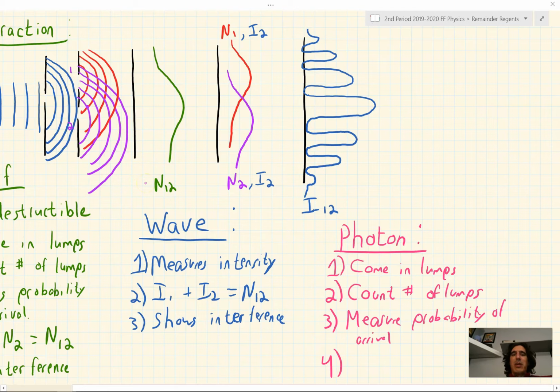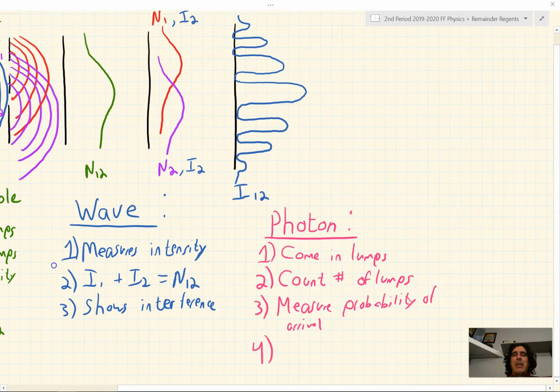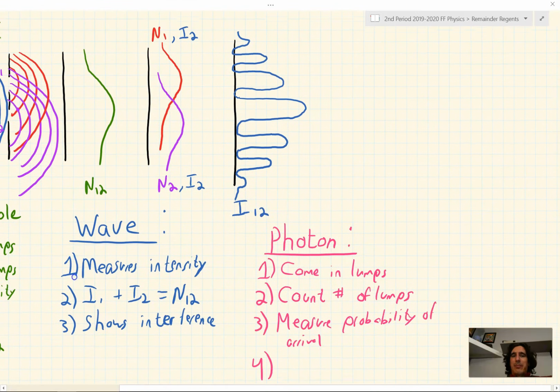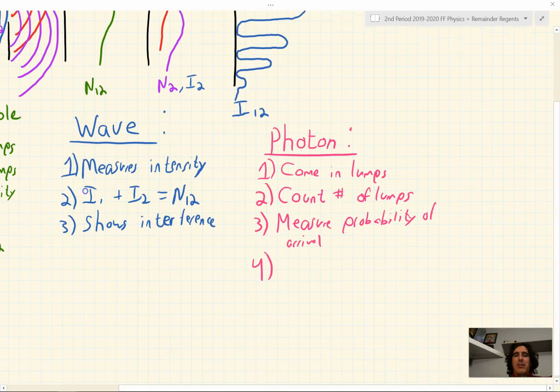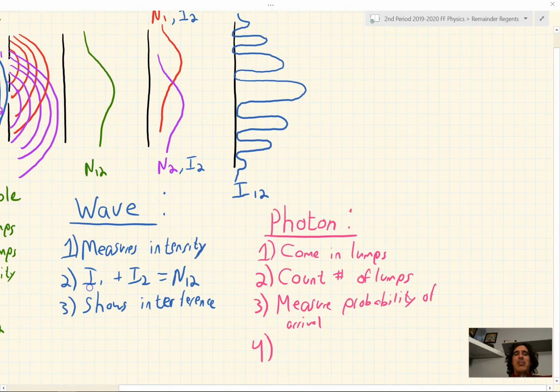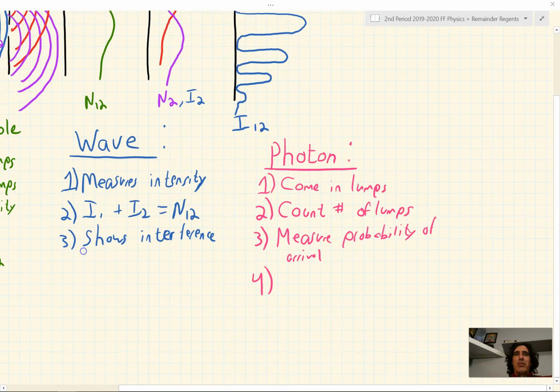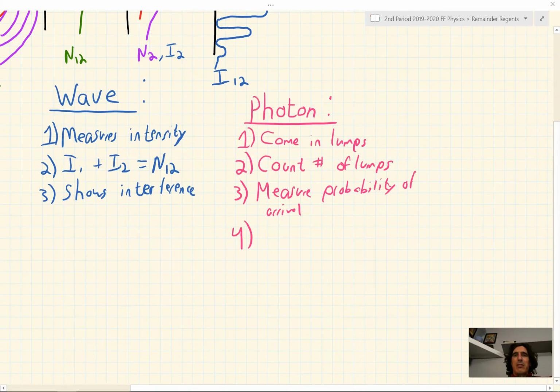However, something weird occurs, and the image we get is I12. So the probability of arrival for photons is I12, which means we get the maximum amount right in the middle, and then no photons, a little bit of photons, no photons, less, none, and so on. So rather than the expected results of N12, we're getting the unexpected results of I12.